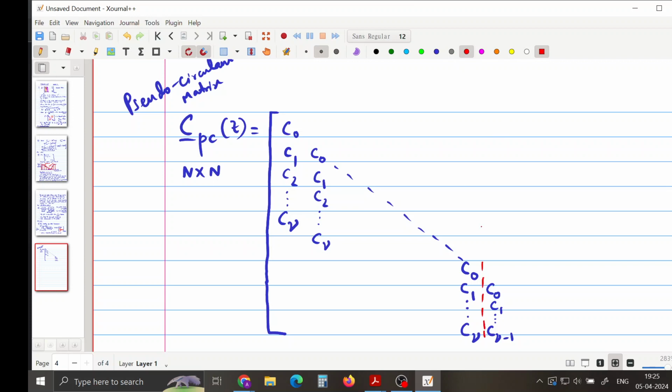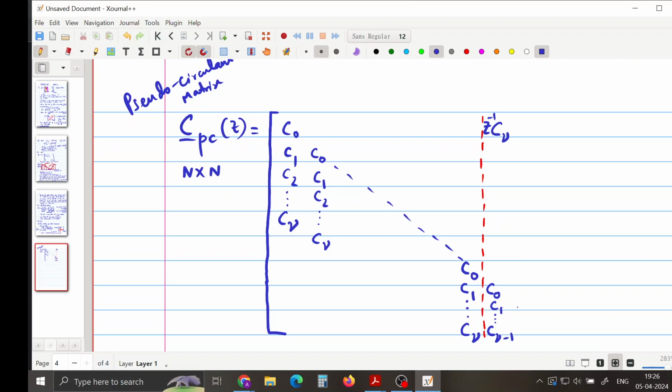I know I have drawn this in the previous session also, but there's no harm in making a practice. So the next term will be C mu, that gets shifted circularly, but it's not an exact circular shift, it appears with a z inverse term in front. So that's why pseudo circulant matrix.